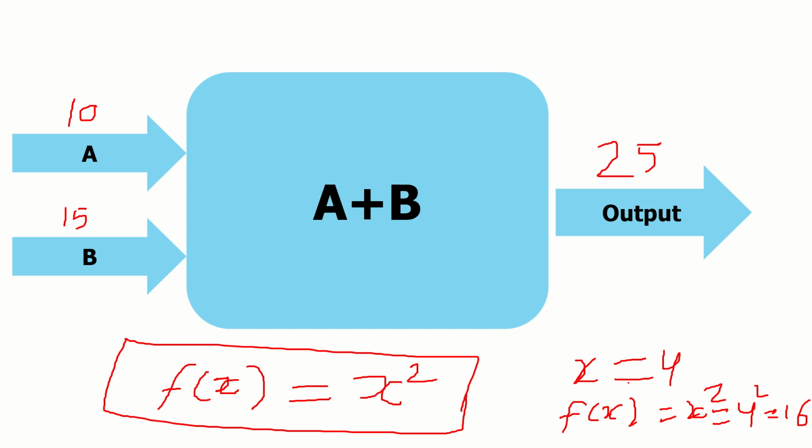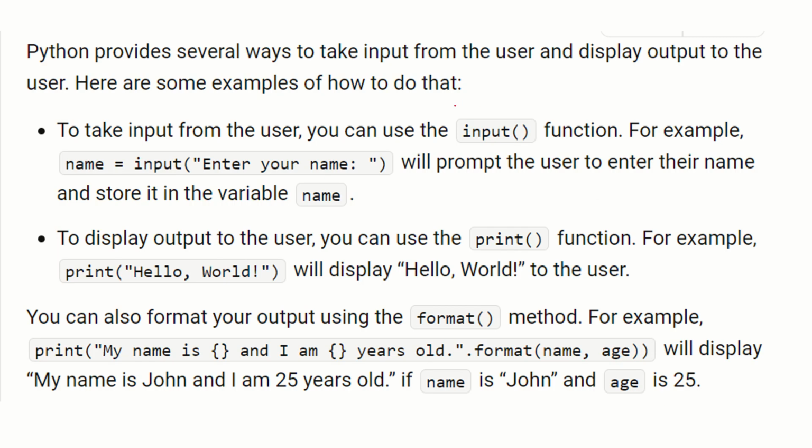Now I will explain some functions in Python to understand the use of input and output. Here you can see input and print. So input can be used to take input from the users.